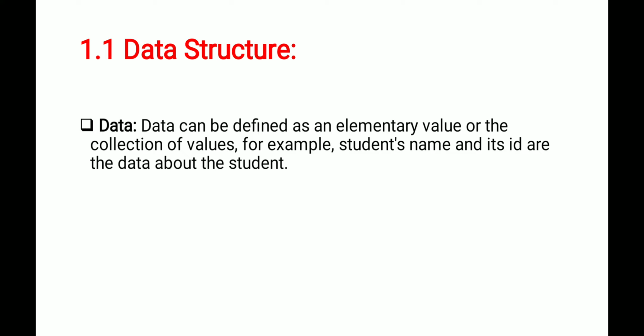So data can be a single value, that is what we call an elementary value, or any information, or a collection of all the values. The student name and student ID are examples of data related to students, and we can store those data into the computer memory.